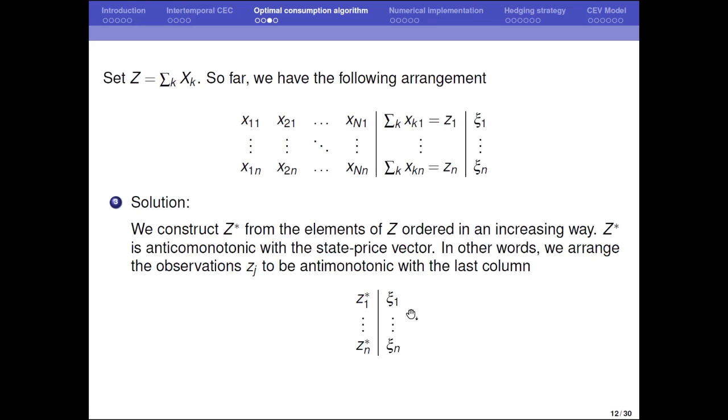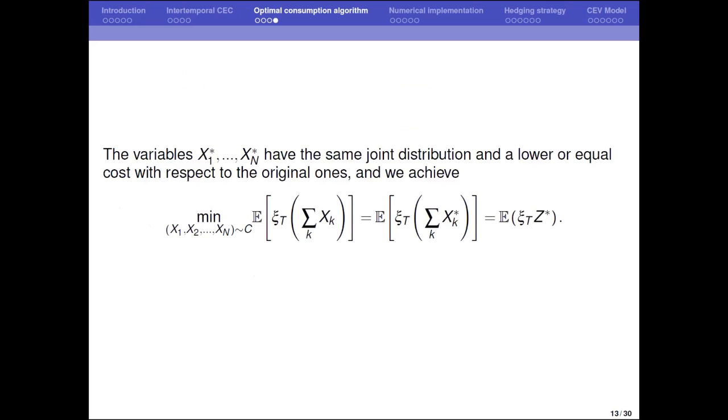So we arrange the sums to be antimonotonic with the last column, and that's our solution. The new arrangement of the variables has the same joint distribution and a lower or equal cost with respect to the original ones. So the minimum is achieved with this set star constructed by the antimonotony restriction.